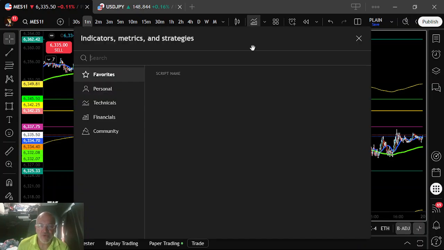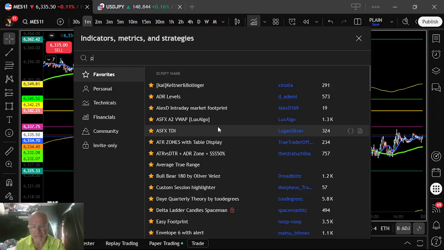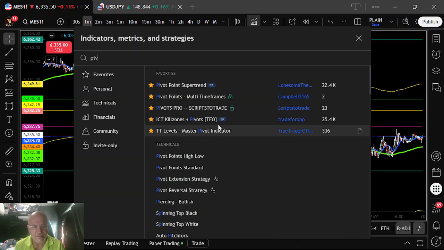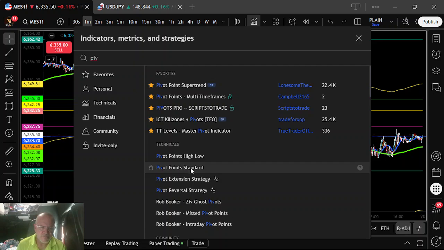What you can use in your indicator list is pivot points standard. This is a TradingView indicator. It's not a third party. Pivot point standard. Turn on all your S1 and R1 levels.